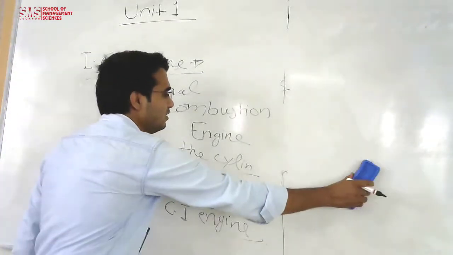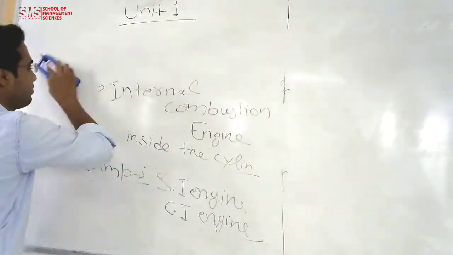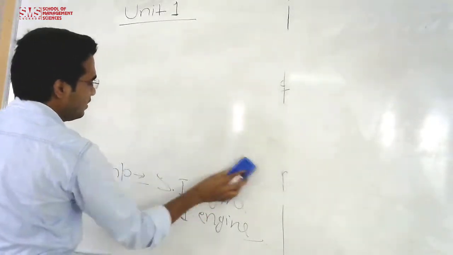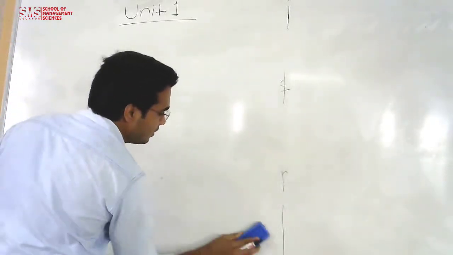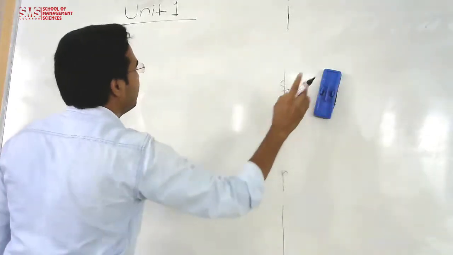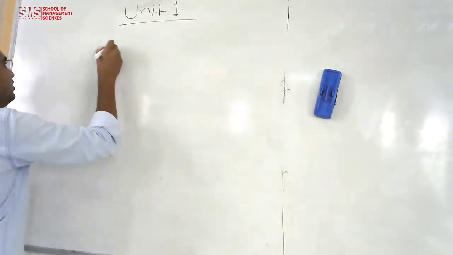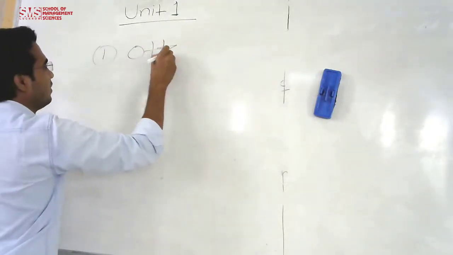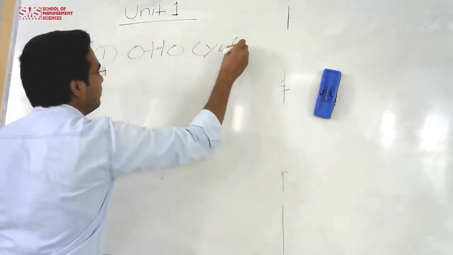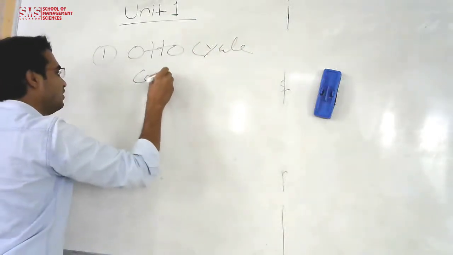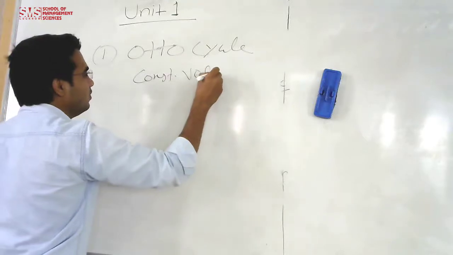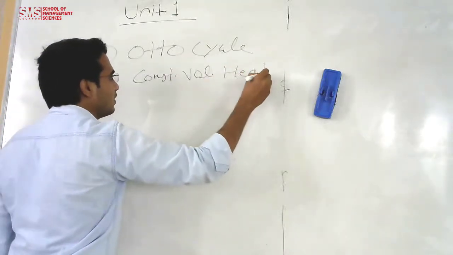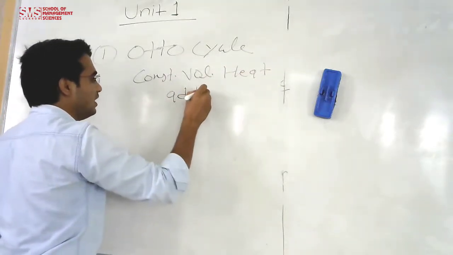As I already discussed, in this unit of your syllabus you are going to study three important cycles, and one of them is Otto cycle. Otto cycle means constant volume heat addition cycle.